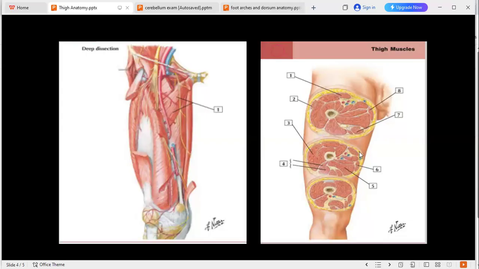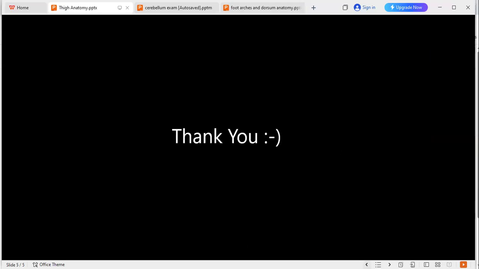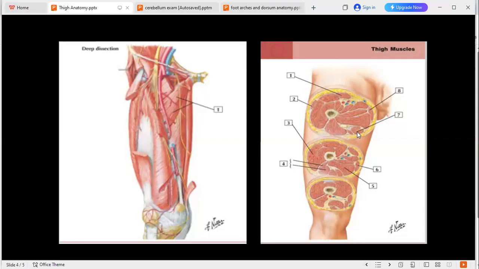Very good. Now, moving on. Sorry, 7. Another 7 is at the back, the posterior side: semitendinosus. Remember, semitendinosus. And 8 is the same as 6: gracilis. Very good.